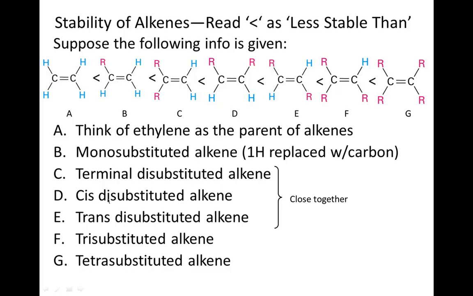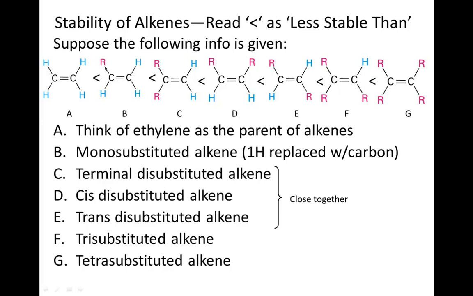The cis disubstituted alkene is the next one, so the two R groups are on the same side, cis. On opposite sides, it's still disubstituted, but it's trans. When three of those hydrogens are replaced with carbon, we call it a trisubstituted alkene, and with all four, it's a tetrasubstituted alkene.